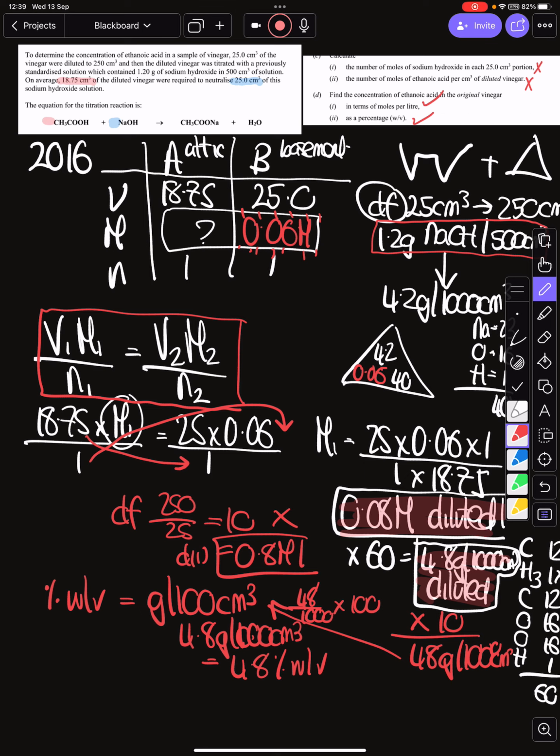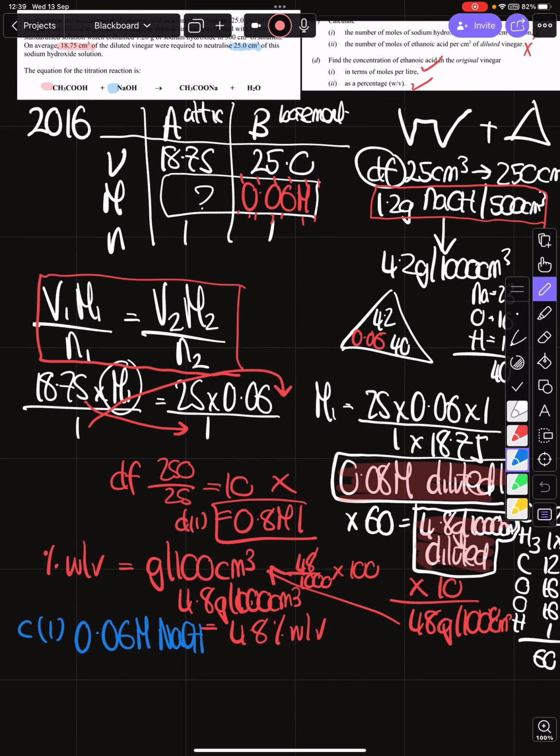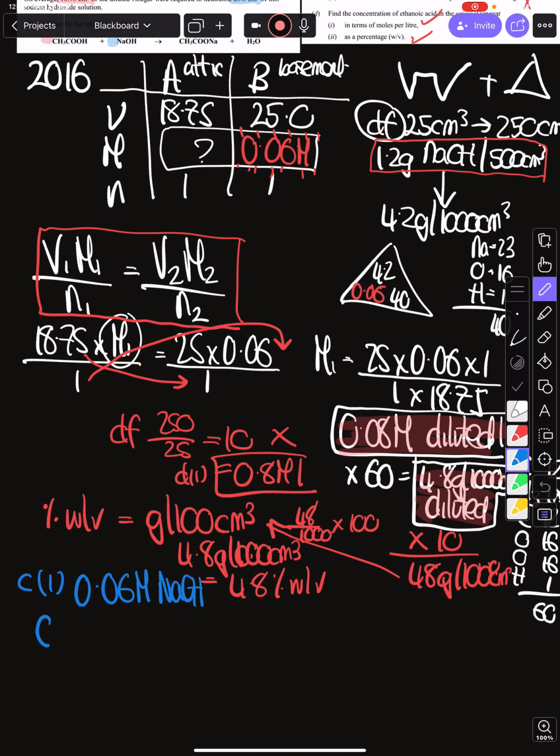So how do I figure out now C part 1 and C part 2? What pieces of information do I have that can help? I know from my data table that my big M value for NaOH was 0.06 big M. It's asking me for moles in 25 centimetres cubed. So 0.06 big M is equal to 0.06 moles in 1,000.